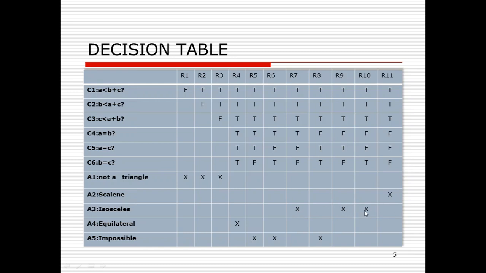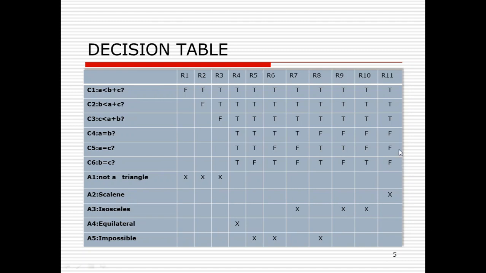Similarly, we have two other conditions for the isosceles triangle. Suppose A equal to B is false, that is, A is not equal to B, and A equal to C is true, but B is not equal to C. Then it is an isosceles triangle because we have A equal to C. Similarly, if we have B equal to C but A is not equal to either B or C, again it's an isosceles triangle.